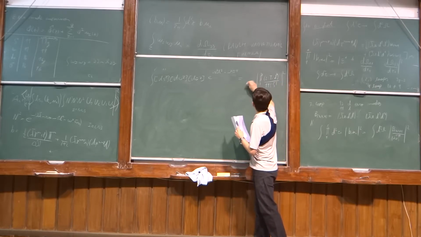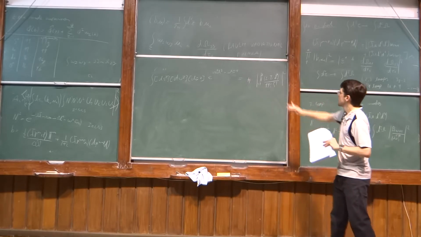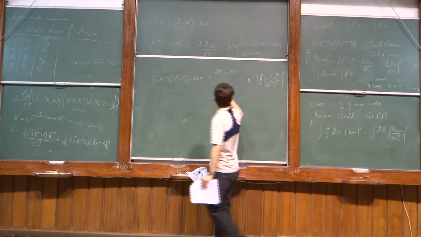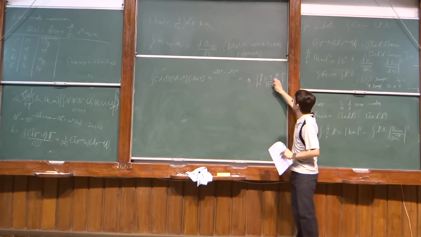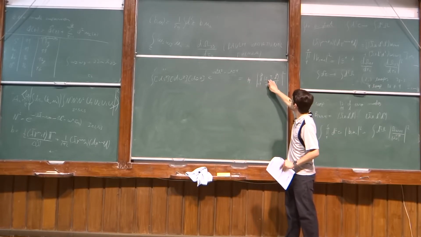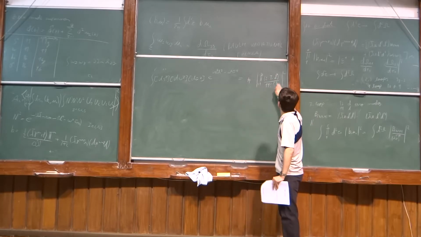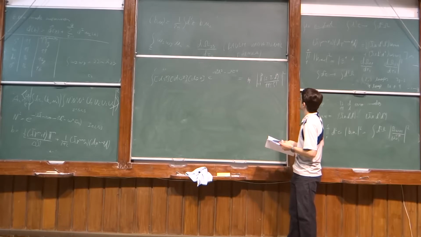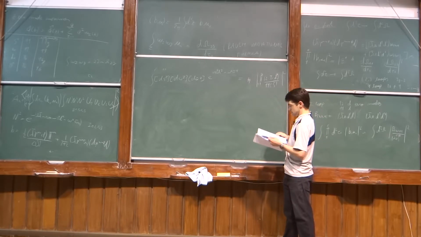Something like that. I just wrote this to explain that you get these factors here. Epsilon tensor contracted with T, where T I wrote before, and the P's.